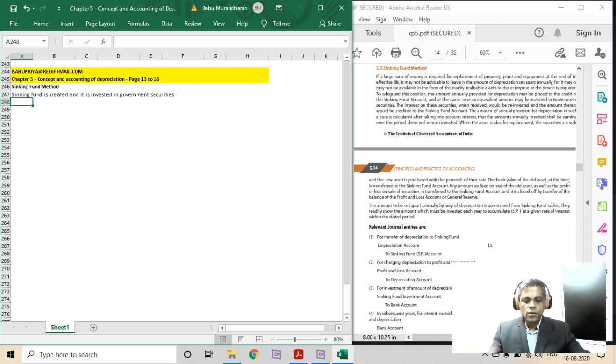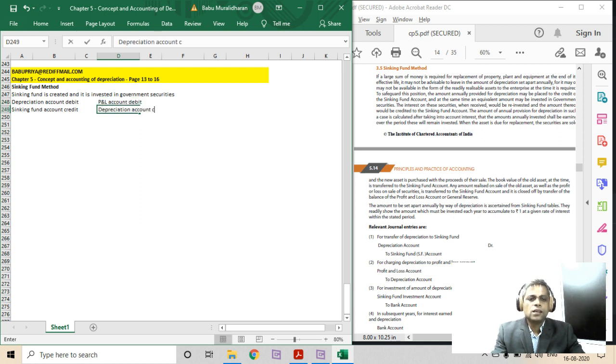The first entry is the normal entry: depreciation account debit, and instead of crediting provision for depreciation or the asset account, sinking fund account credit. Then depreciation will be transferred to the P&L account. P&L account debit, depreciation account credit. This is the second entry that will get processed.